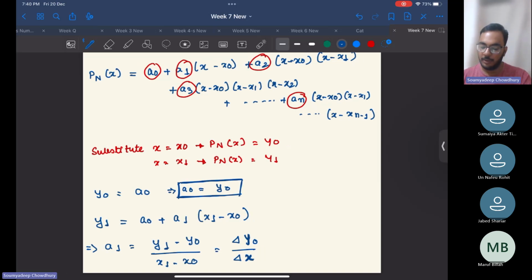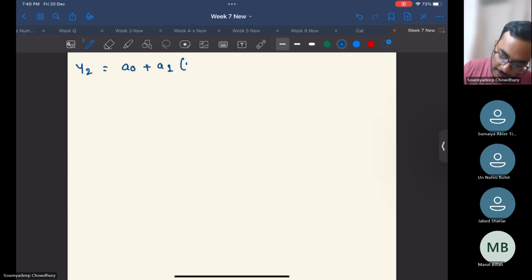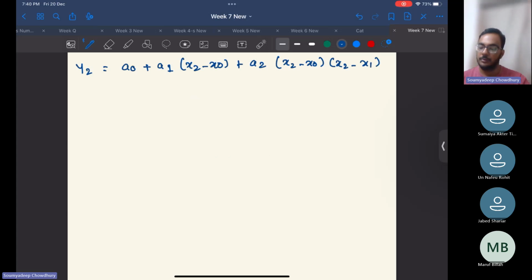Now we have got a1. We'll find one more coefficient and then try to generalize it. So what is y2? Y2 will be a0 plus a1 into x2 minus x0 plus a2 into x2 minus x0 into x2 minus x1. All other terms will be 0. Now we simplify this.